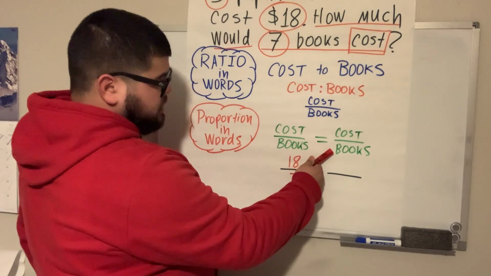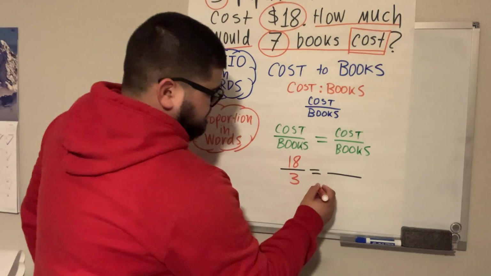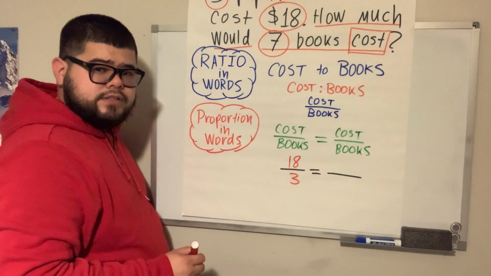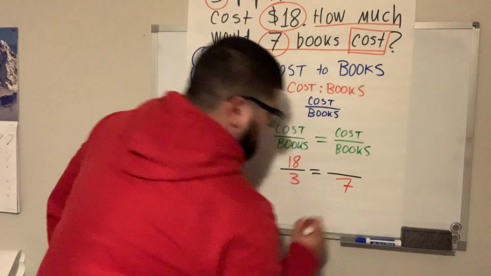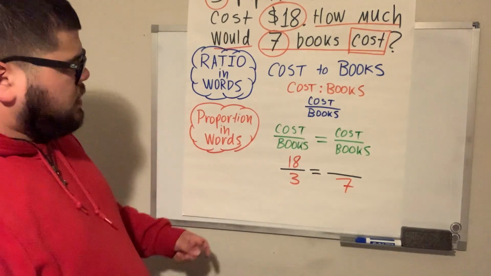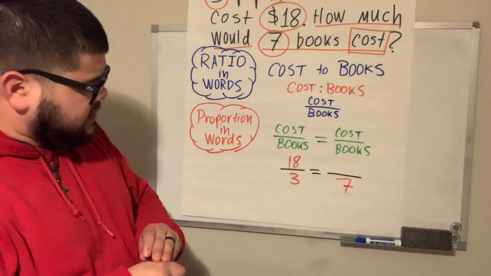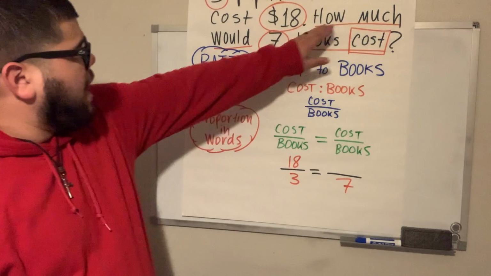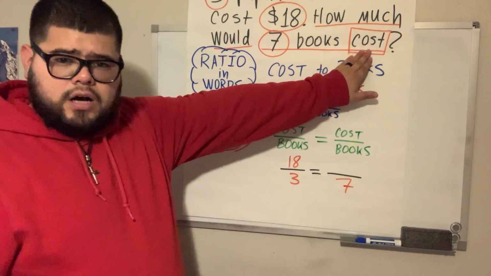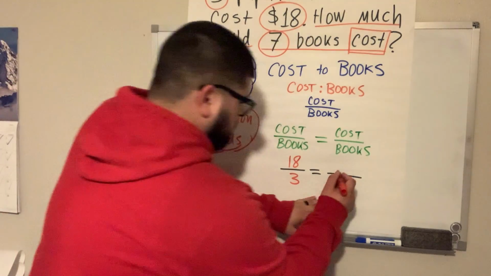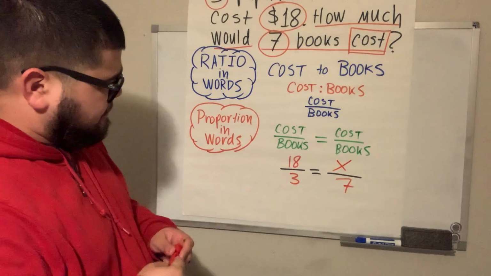How many books did they give us in our question? 7, right? And the question is asking for what? How much would 7 books cost? We don't know the cost, so we're going to go ahead and put an X there.